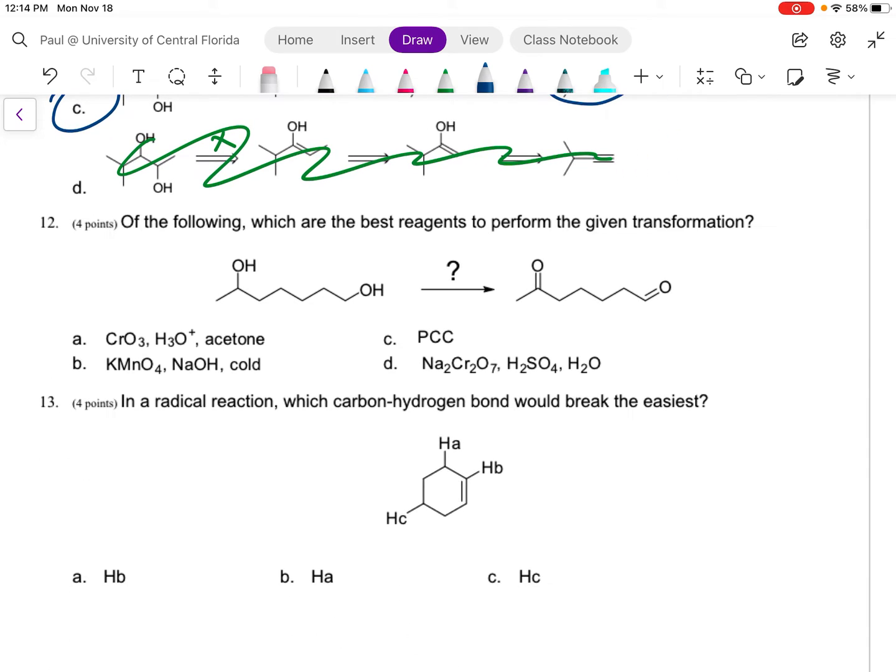12. Of the following, which are the best reagents to perform the transformation? So we see we go from an alcohol to a ketone, and that's a secondary. And then we have a primary alcohol to an aldehyde.